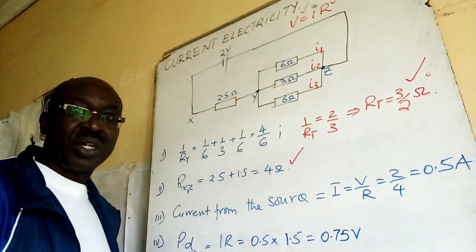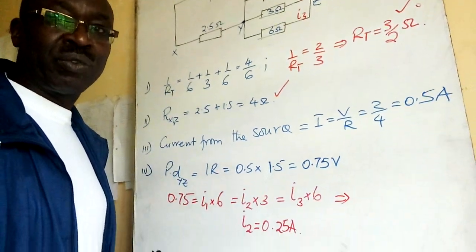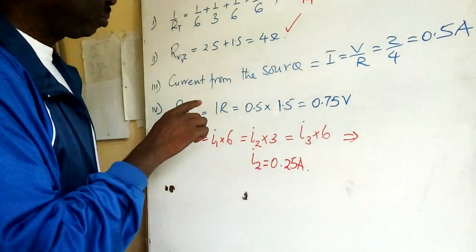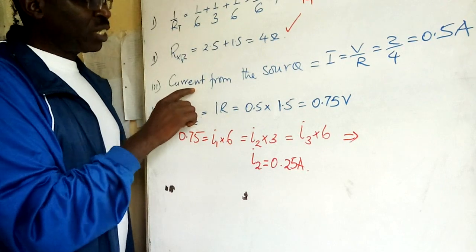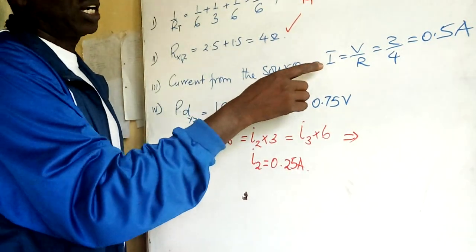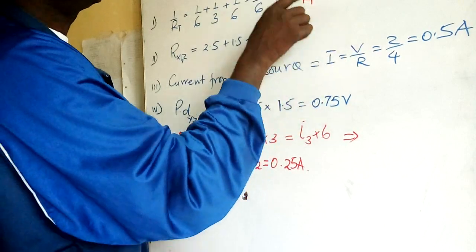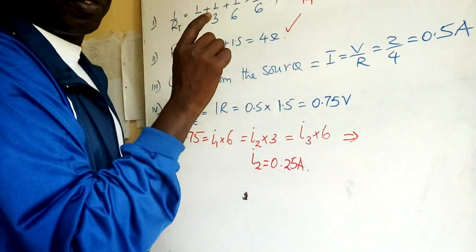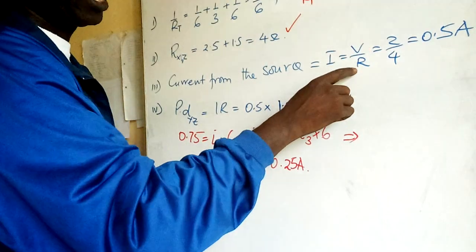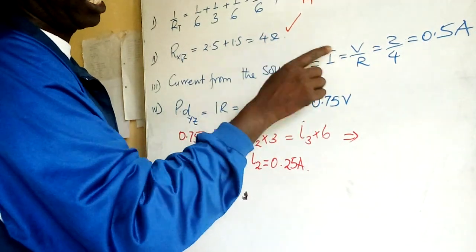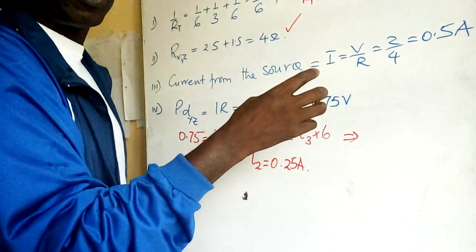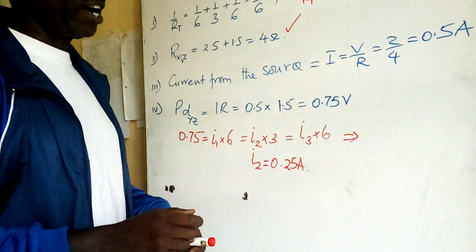Here, our focus is down here. What is the current from the source? Current from the source will be V over R. V is given as 2, and our total resistance here is 4. So current from the source is 0.5.